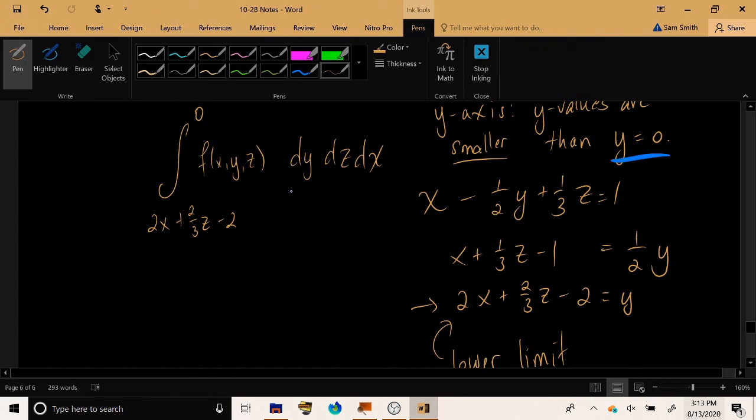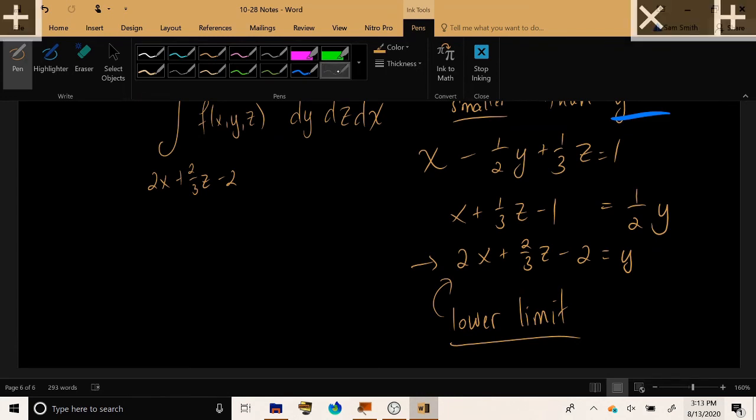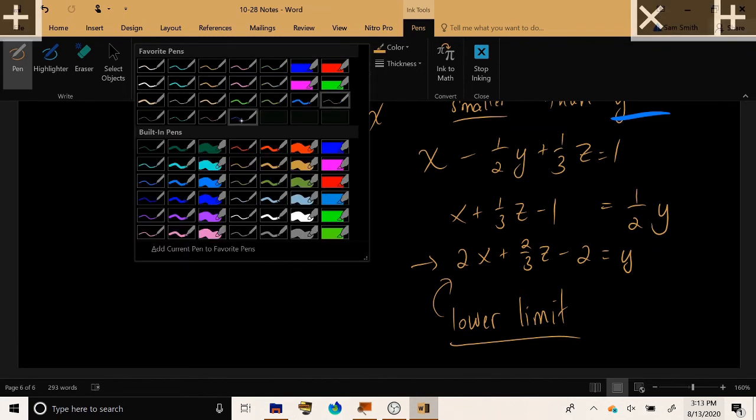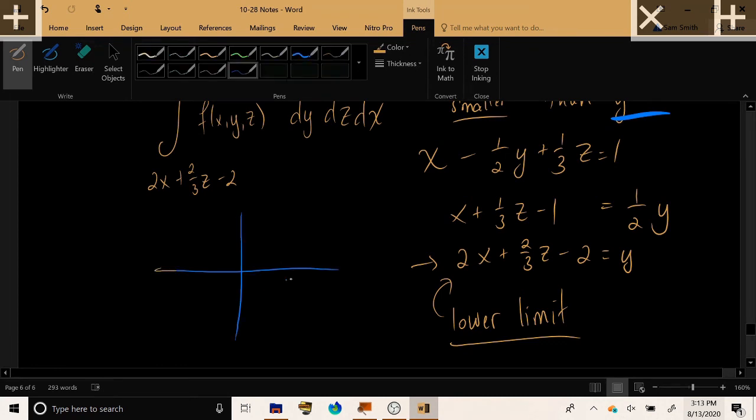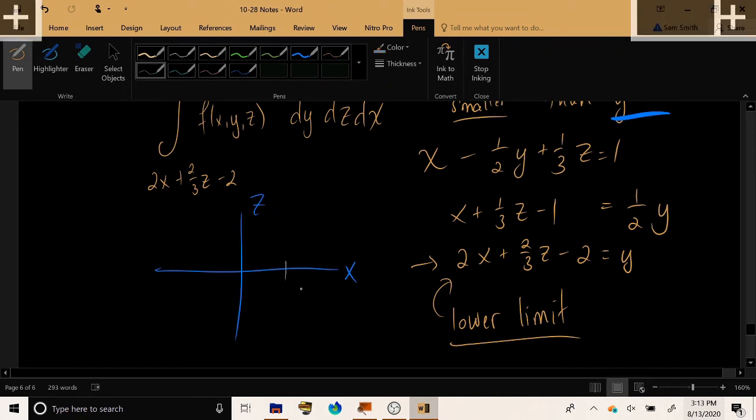Okay, now when z came first, we took our region and we looked at its shadow on the xy plane. When x came first, we looked at the shadow on the yz plane. And now that y has come first, let's look at the shadow on the xz plane, remembering that this region stretched to 1 in the x direction and 3 in the z direction.